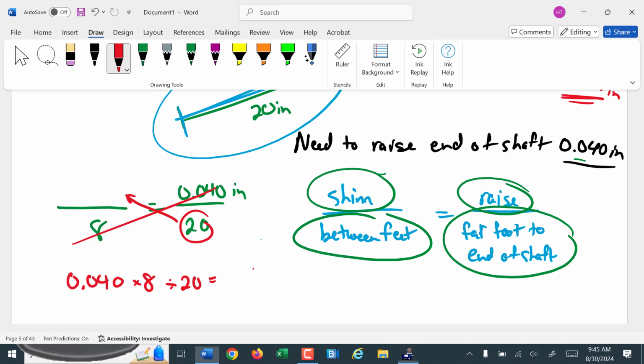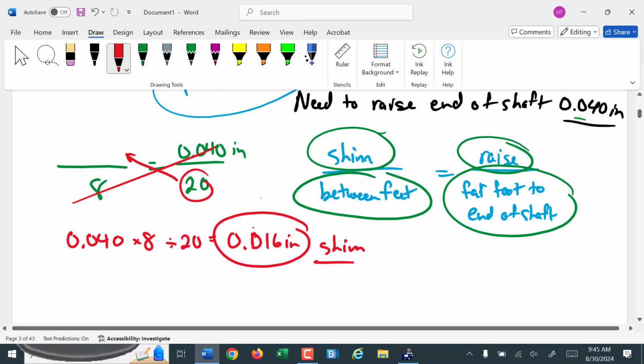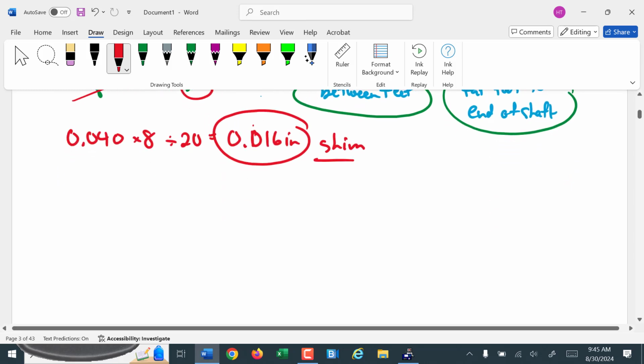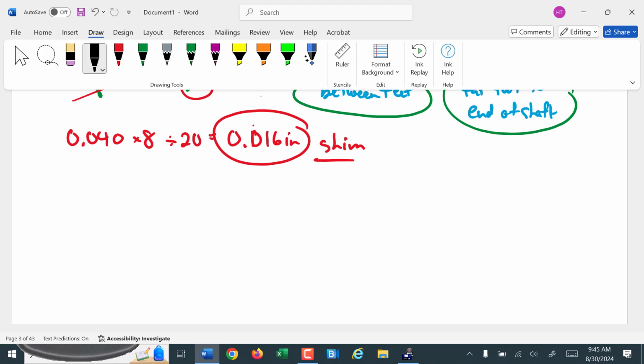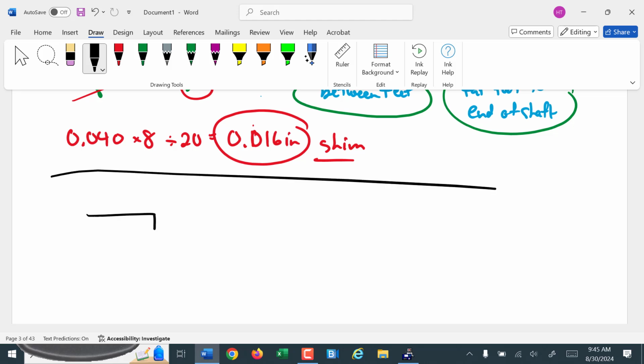There you go. The 0.04 times the 8, and then the 20 is diagonal to the missing number, so we divide by 20. Giving us 16 thousandths. That's what we need for a shim. Any questions?